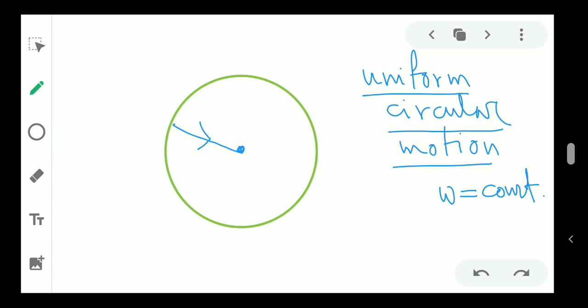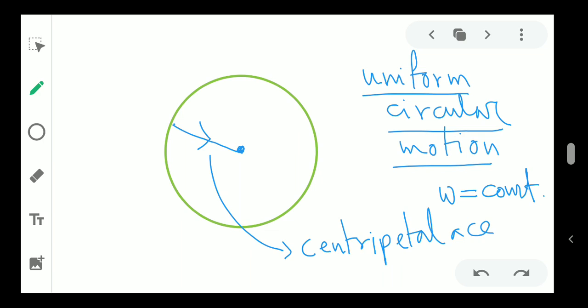And we called this acceleration centripetal acceleration. Because of this centripetal acceleration, there is one kind of force that is called centripetal force, because we know acceleration always corresponds to a force.